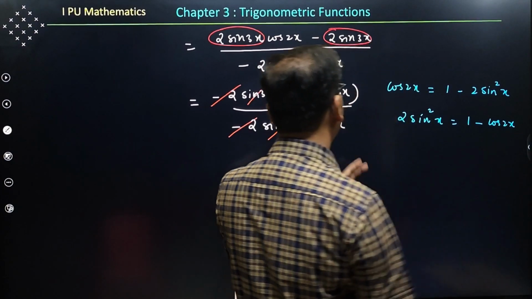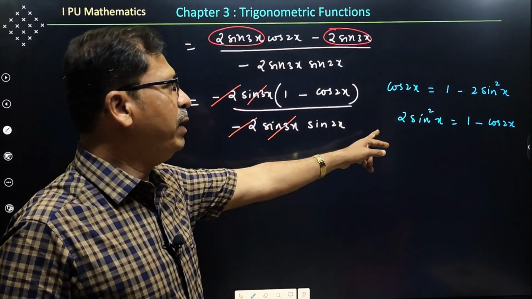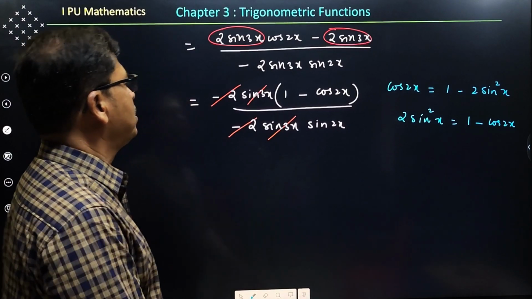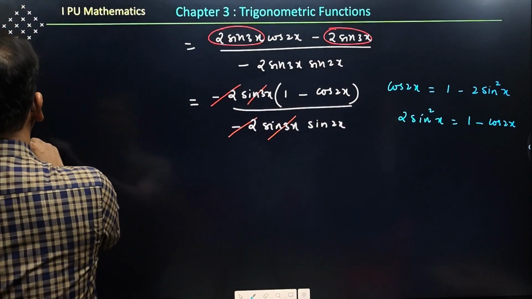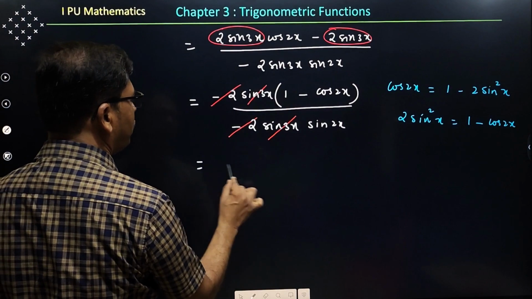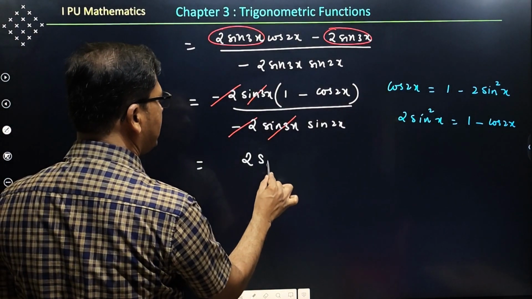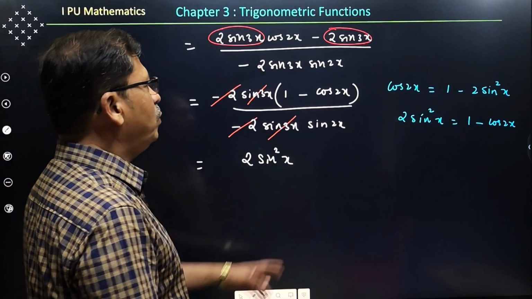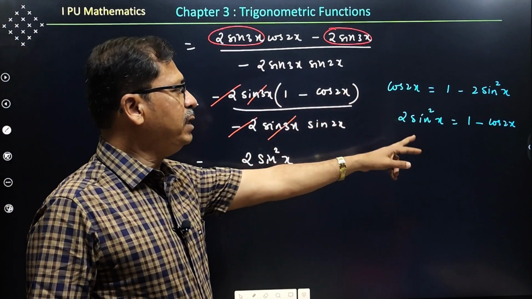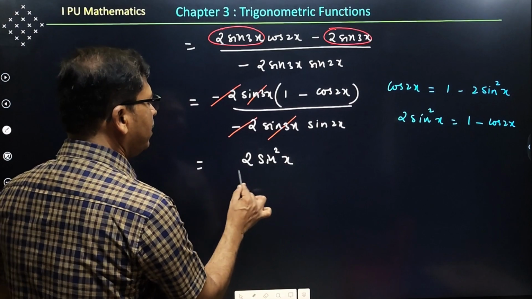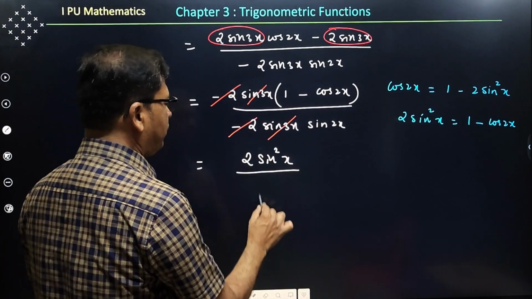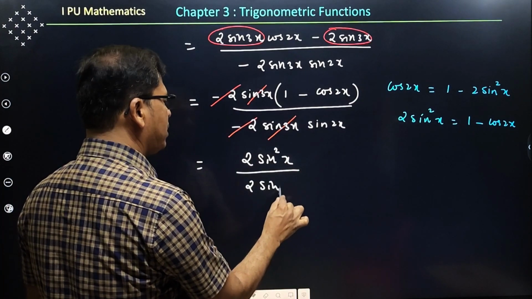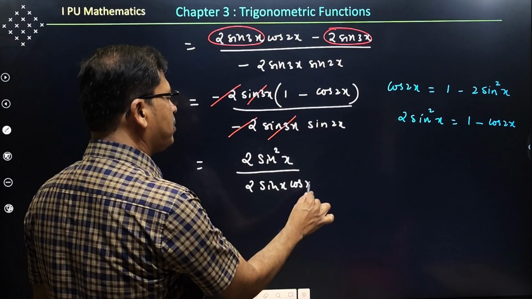Now you see here, 1 minus cos 2x you have, and that can be replaced by 2 sin square x. So this is equal to 2 into sin square x. Be careful: 1 minus cos 2x, the formula for that is 2 sin square x. Then sin 2x is 2 into sin x into cos x. Multiple angle property I have used.